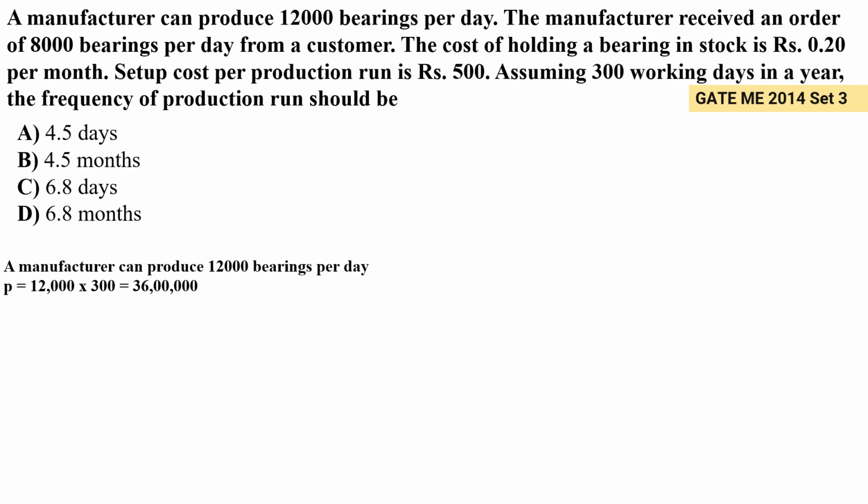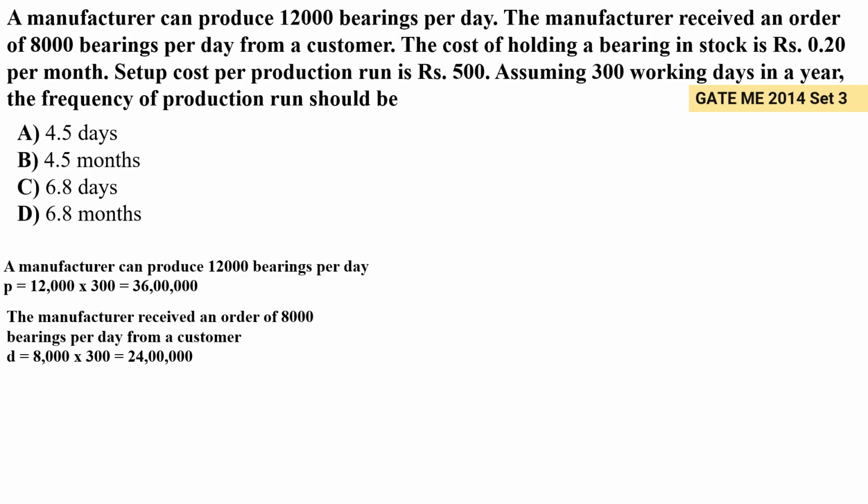Here the given data is production rate 12,000 bearings per day. Per year it has only 300 working days, so production rate per year is 36 lakhs. Similarly, consumption rate is given per day, it is 8,000. So 8,000 into 300 is 24 lakhs.